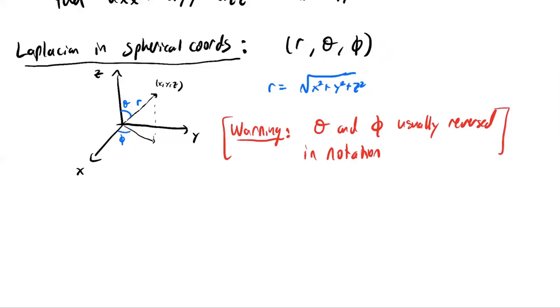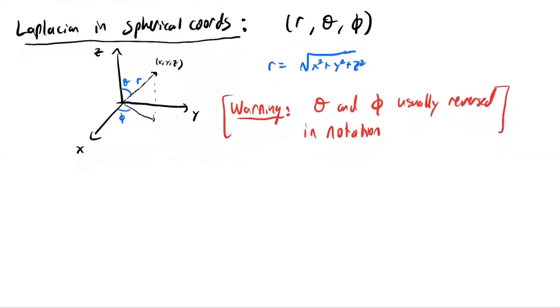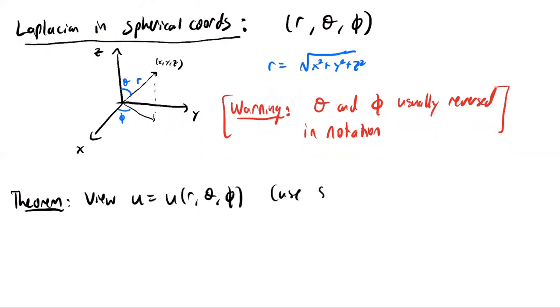Okay, now let's get to the main point. If you write the Laplacian using spherical coordinates, what does it look like? The theorem is the following. Let's view u as a function of spherical coordinates.